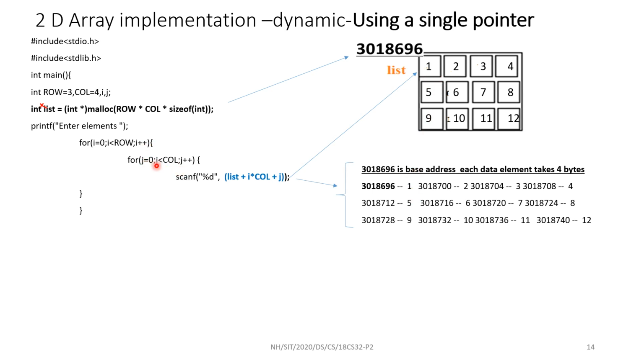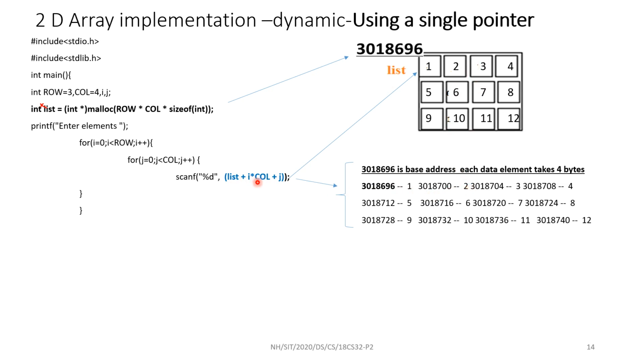Next, j is incremented by 1. J is now 1. I value 0, 0 into col plus 1. This much is multiplied by 4, that means 3018696 plus 4, that is 3018700, the address of the second data element.